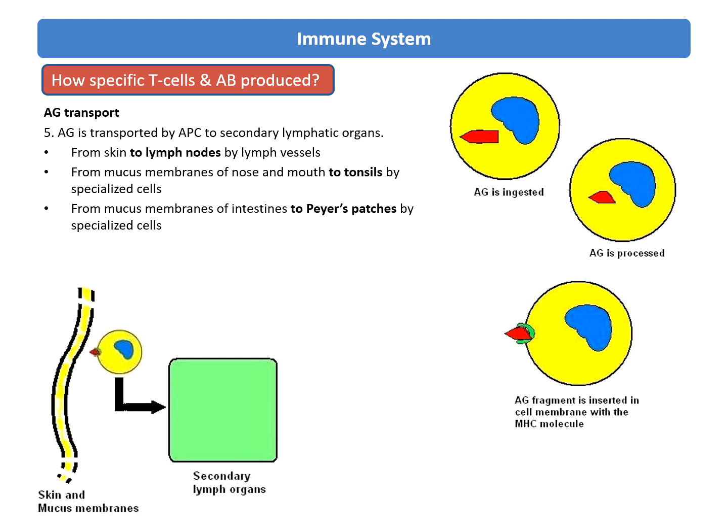These are like lymph nodes, but they're in the wall of the intestines. Specialized cells do the transport. And from the skin, mucous membrane, and other sites to the spleen by the blood. So you see, these secondary lymph organs are where the antigens are being transported for further processing.